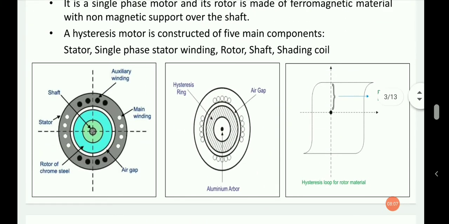So here we have seen two types of windings are there, auxiliary and main. Both windings should be supplied continuously at starting condition as well as in running condition to maintain the rotating magnetic field.